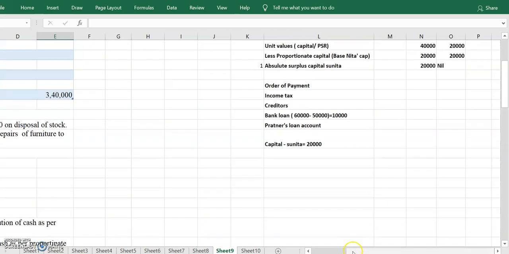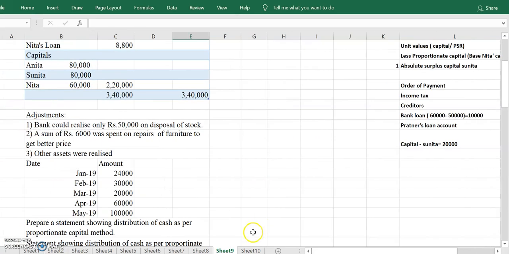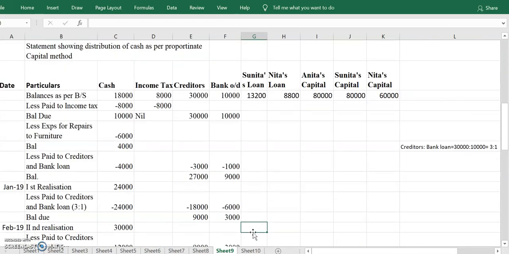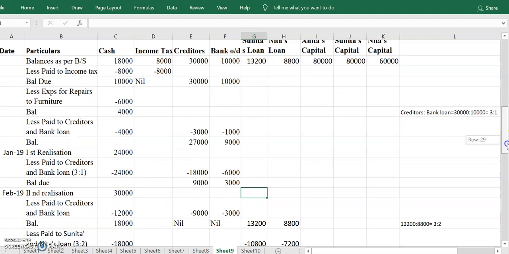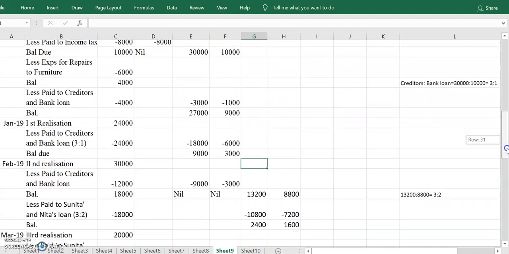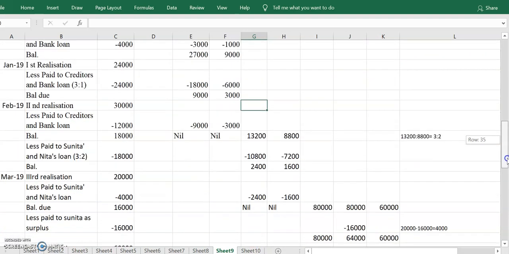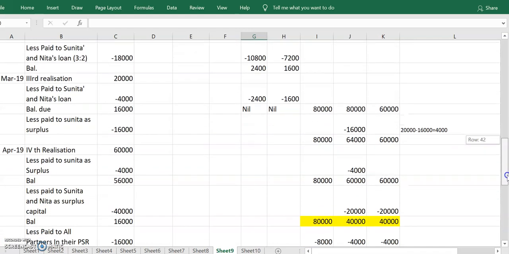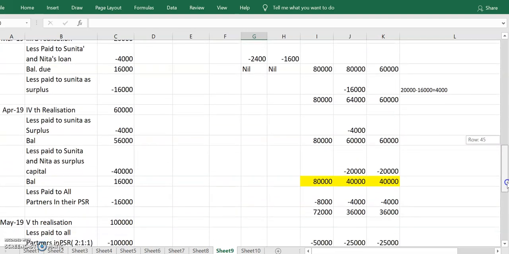Then find out the order of payment, and according to the order of payment prepare your statement of cash distribution according to the method, and arrange your columns. Pay first government liability, then unsecured creditors or outsider liability, then partners' loan if present in the question, then capital. When you start payment to capital, pay the first absolute surplus person, and then proceed stage-wise.